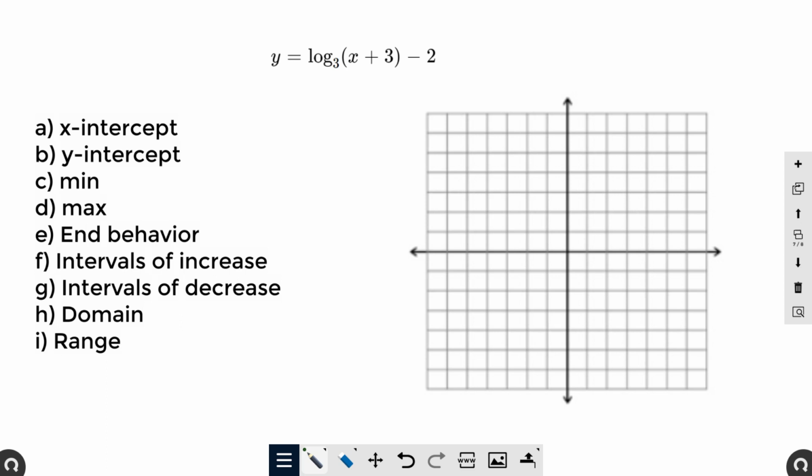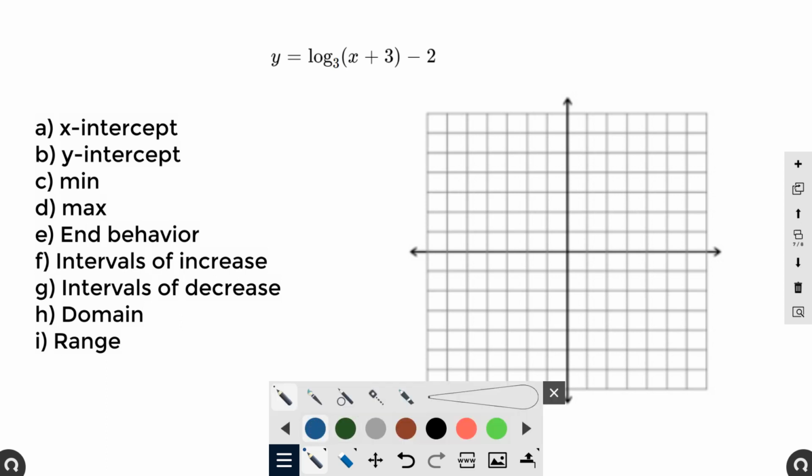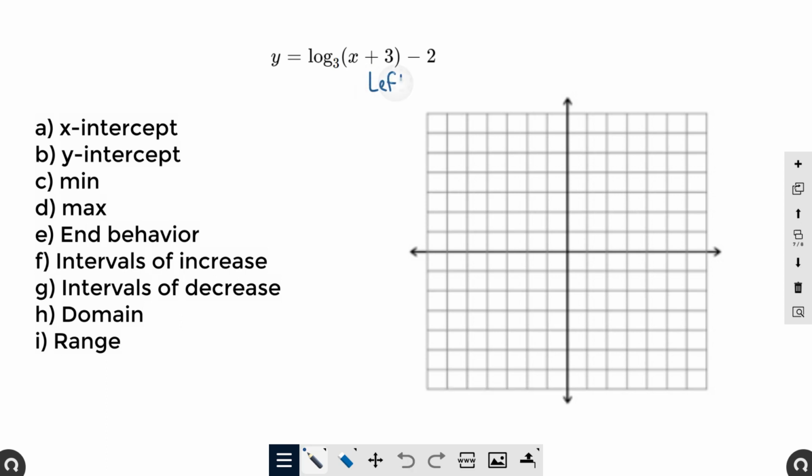Now, what might be helpful is to think about how it translates, because that's going to help you figure out what needs to be put for these different key features. So how does this translate? How does this move? Good. Left 3, down 2.